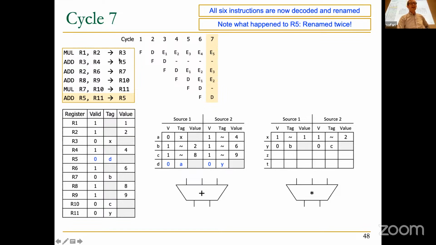So all of the instructions that are in between these two renamings of R5 are going to get the first definition of R5 because they're referring to A, right? Because they were renamed using this definition of R5. All of the instructions that are going to source R5 after this add are going to get the value from D, okay? But we don't have such instructions because we're done with the instructions right now.